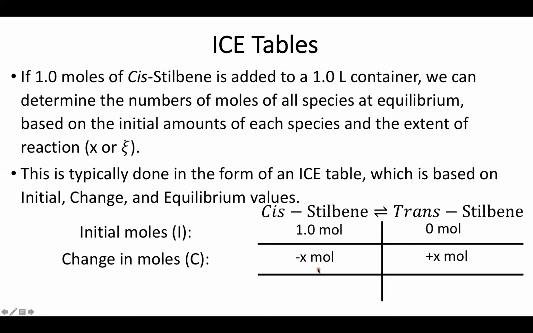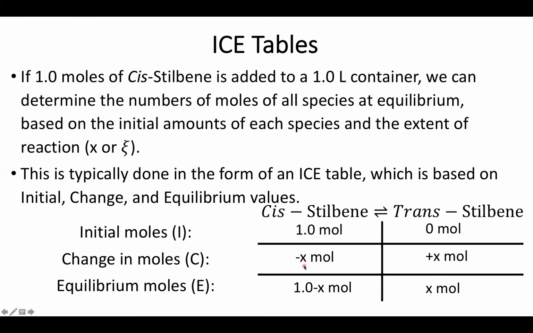So relatively straightforward. We're looking at the relative change. So this means that once I eventually reach equilibrium, it's going to be whatever I started with minus however much I lost and however much I started with plus how much I gained. So that's the reason why representing the signs on that change column can be really important.